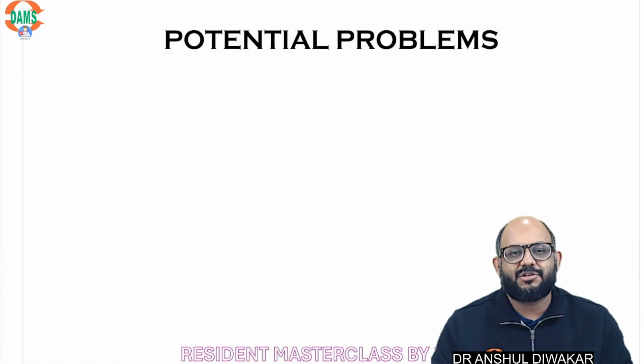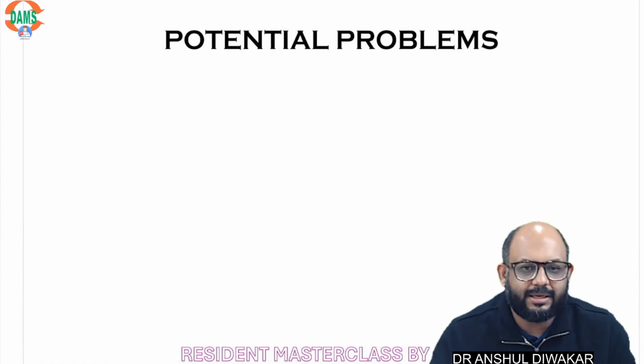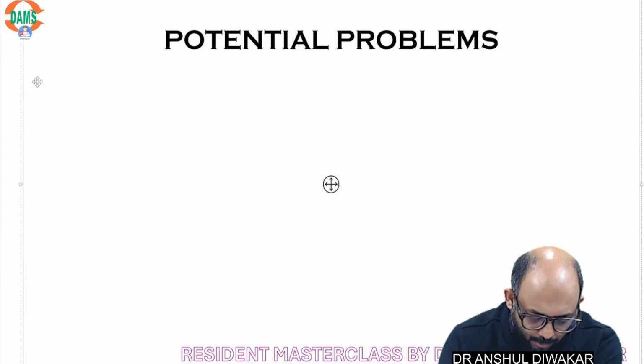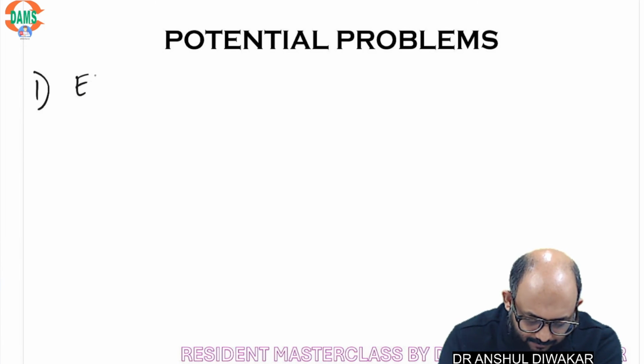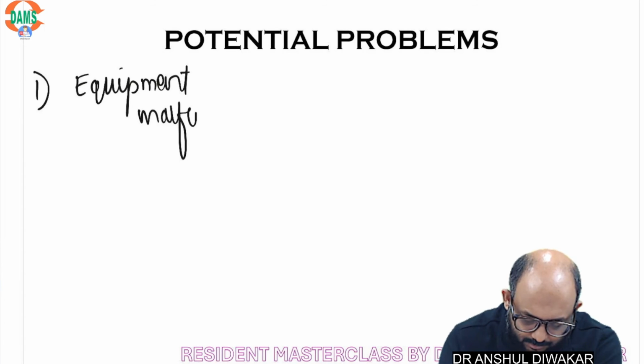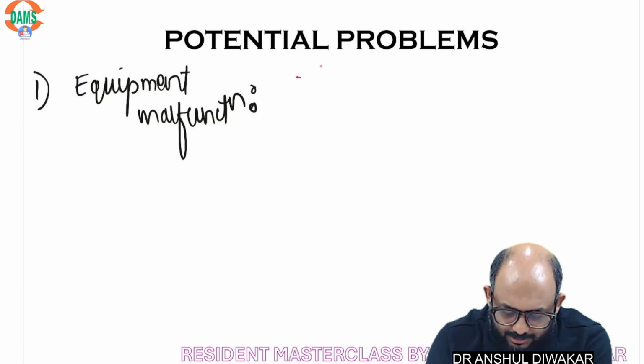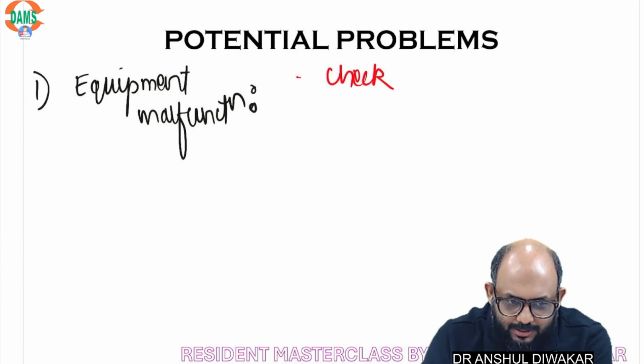Let's talk about potential problems, complications and their troubleshooting. So what can be the potential problems? There can be equipment malfunction, which is actually not so uncommon. It is one of the commonest things. What you can do is you can check connections.